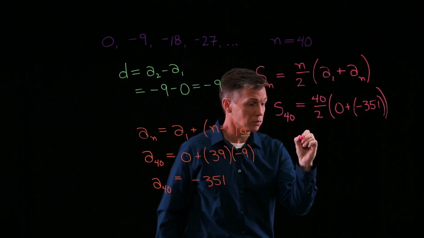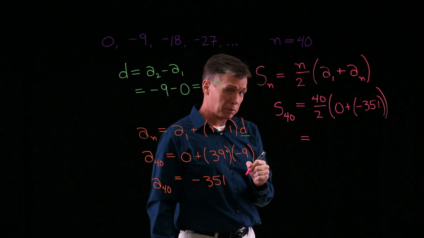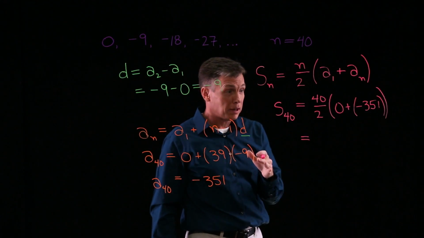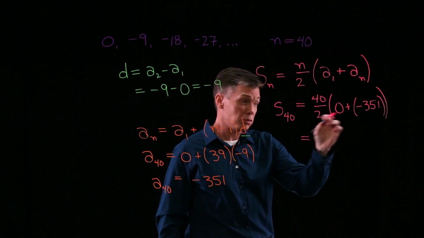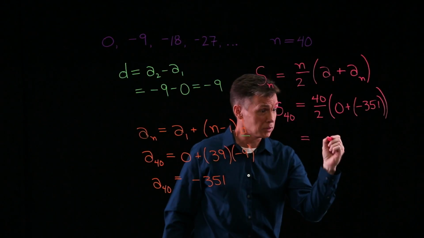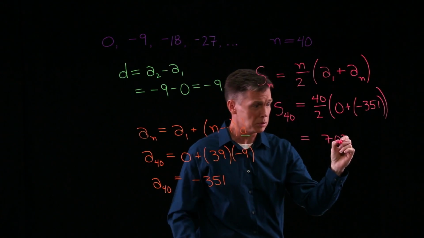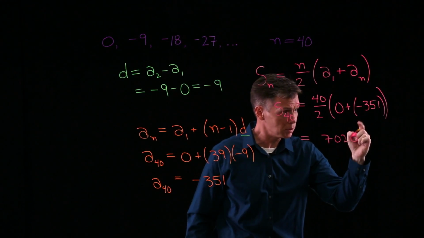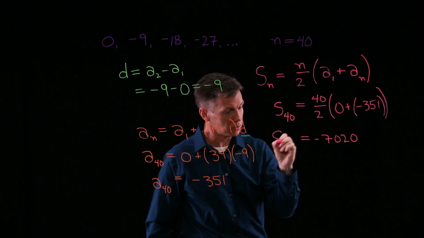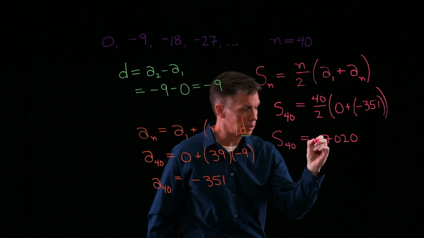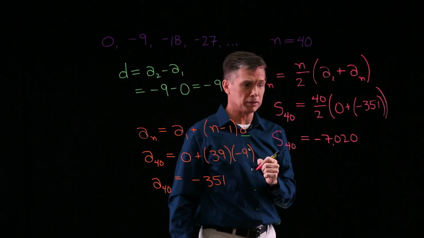So this will equal, well, should I grab a calculator for this one? Nah, let's see. 40 divided by 2 is 20. So the 2 just doubles this, 702, but it wasn't a 2, it was 20, so add another 0. Don't forget there was a minus sign. So s sub 40 should equal negative 7,020.